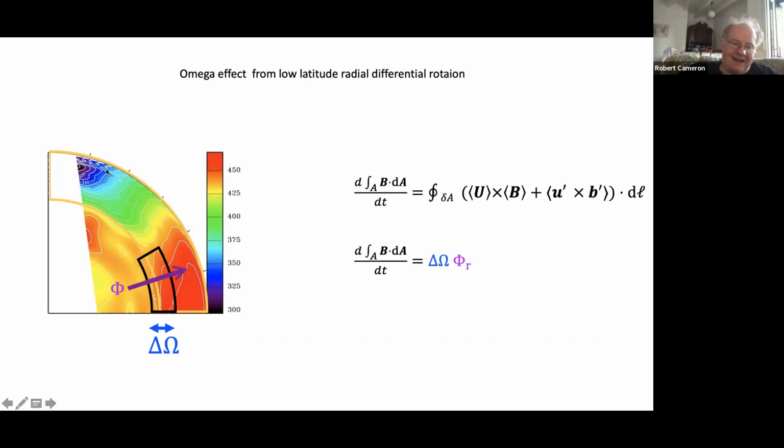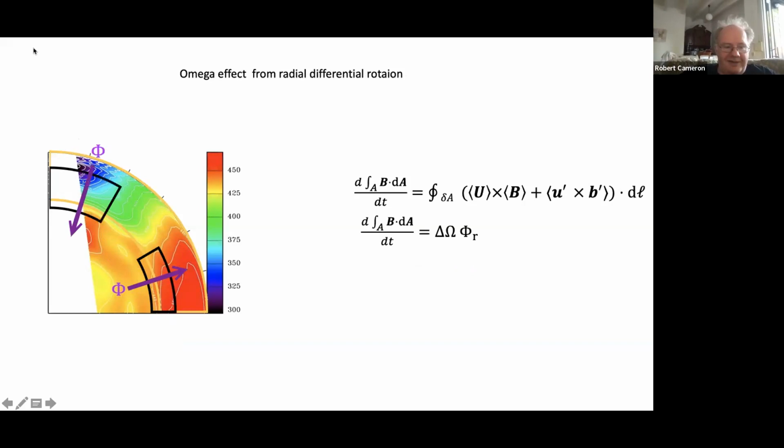And why is the amount of flux going through here then related to the amount which is going through the pole? Of course, you can use the radial differential rotation at high latitudes, and here there's no problem. You're going from blue to orange or black to orange, so you're doing this part of the journey at high latitudes, and at low latitudes you're doing the remaining thing from orange to bright red.